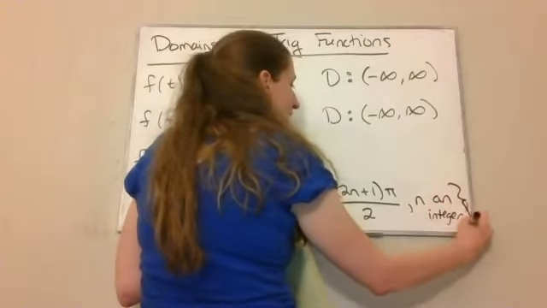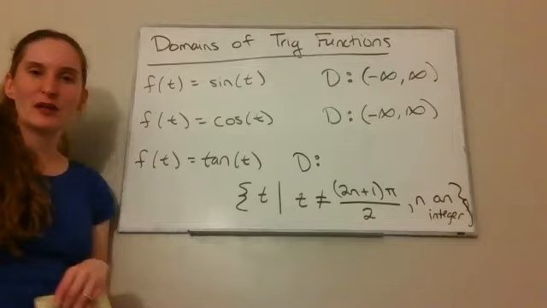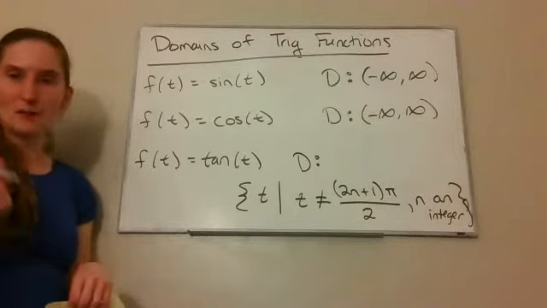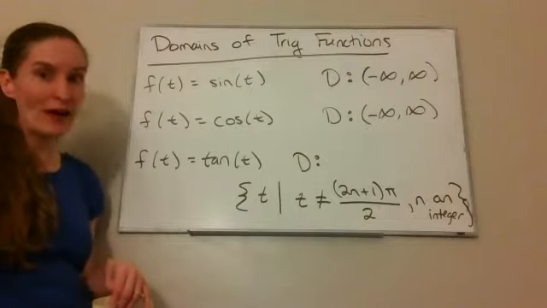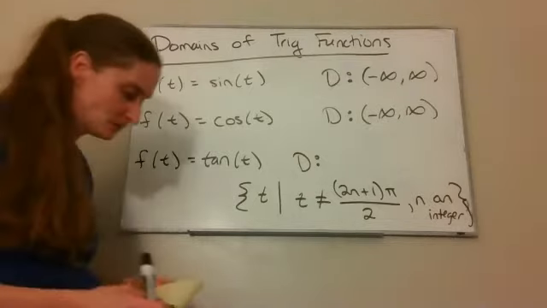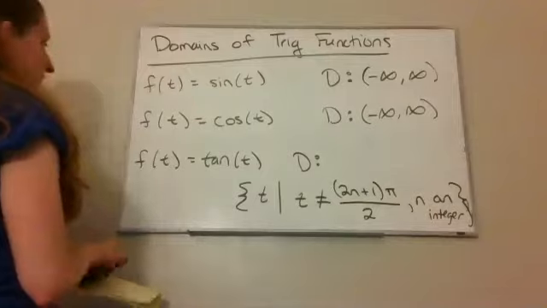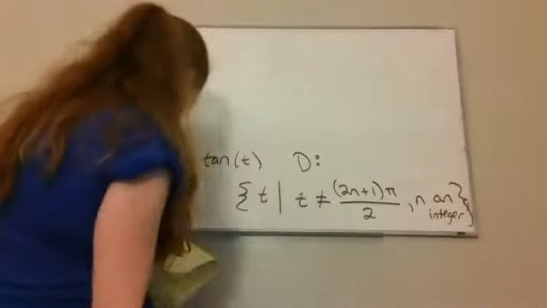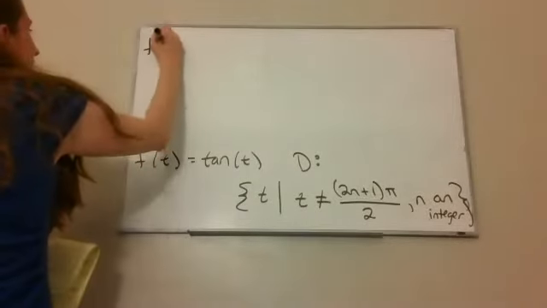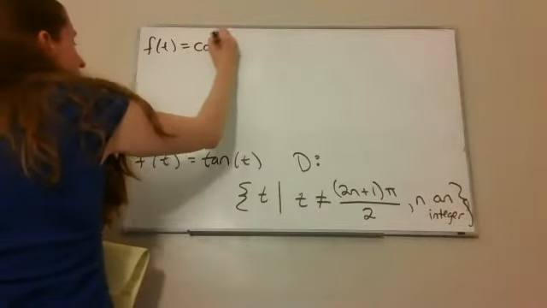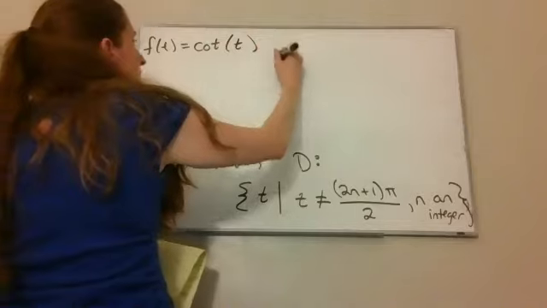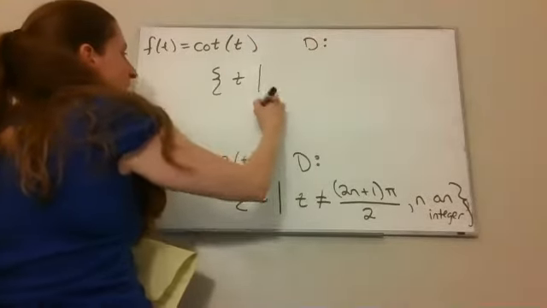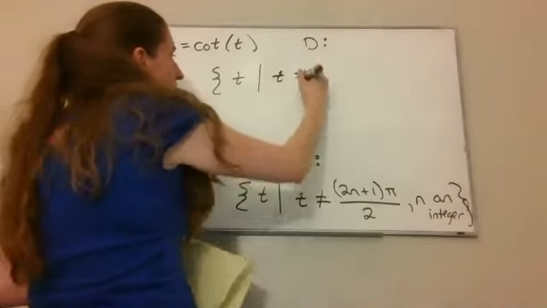Now, that's a really fancy way of saying my domain is every single number except for the odd multiples of pi over 2. So I can't use pi over 2, 3 pi over 2, 5 pi over 2, and so on. Now, similarly, if I look at cotangent, well, my domain is going to be the set of all t such that I'm not dividing by 0.